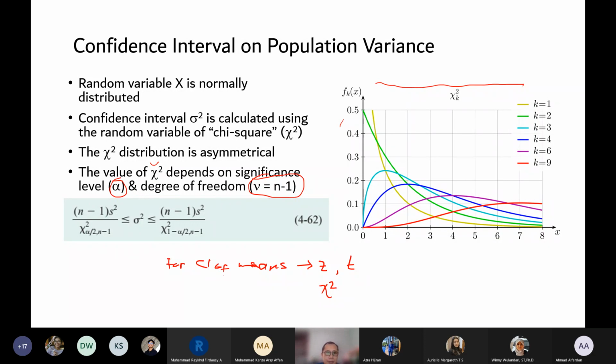Okay. So this one is population variance. And this one is sample variance.